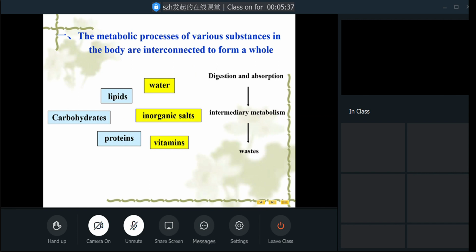The process includes digestion, absorption, intermediary metabolism, and last forms the waste, carbon dioxide and so on, which is expelled from our body. So all of this forms a whole.